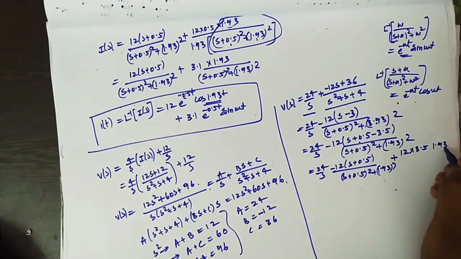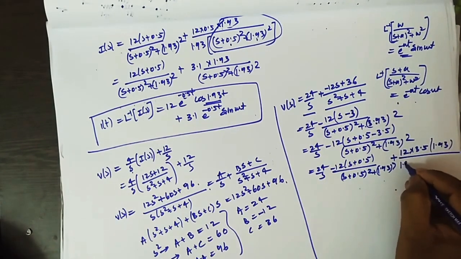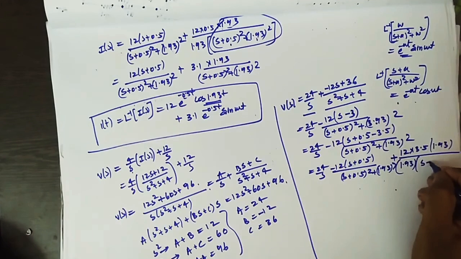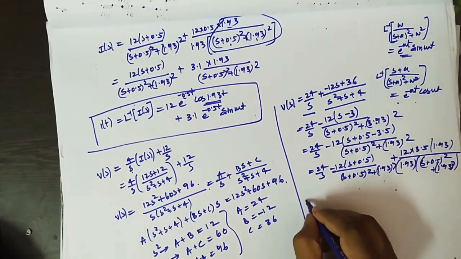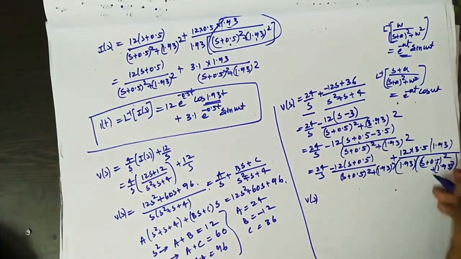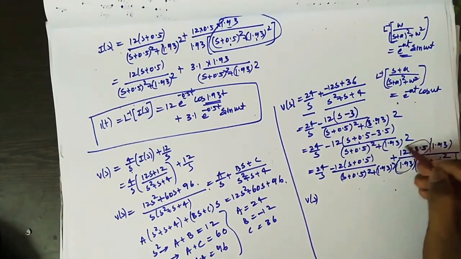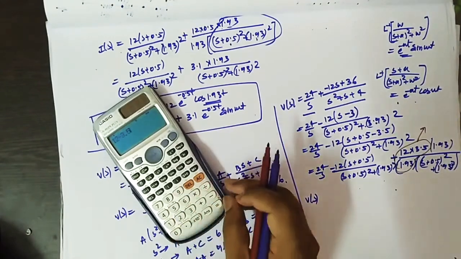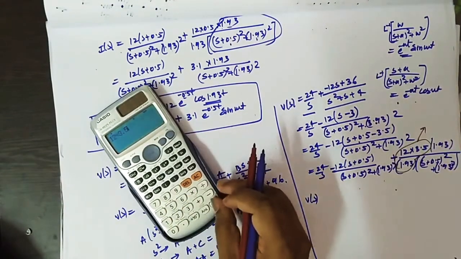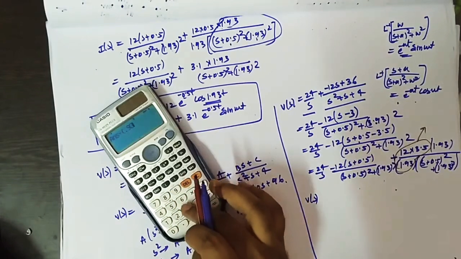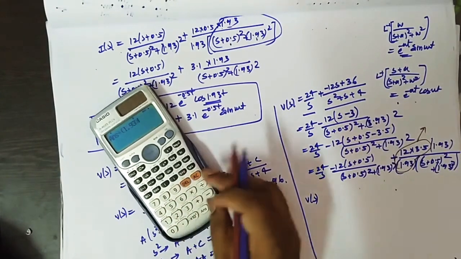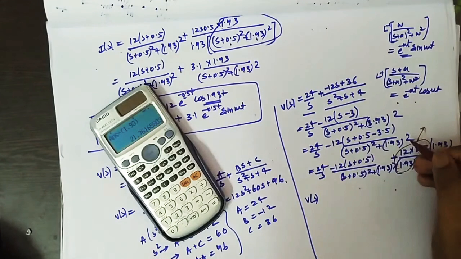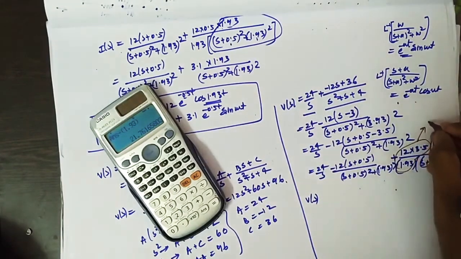So 1.93 you multiply and divide by again 1.93, you will be getting s plus 0.5 whole square plus 1.93 whole square. So solving these terms here, V of s, this term can be replaced as 12 into 3.5 divided by 1.93. So you got 21.76.